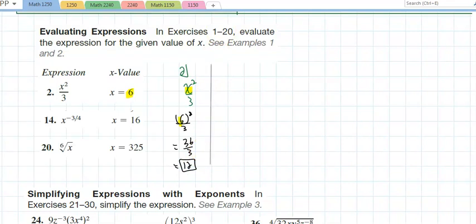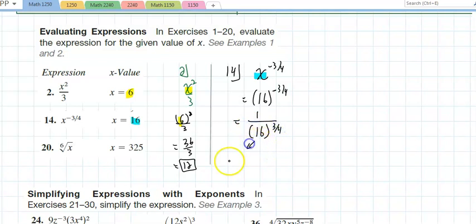And if I take the second, number 14, and I say x to the negative 3/4, and if x equals 16, I'm going to say this is 16 raised to the negative 3/4. Negative powers, we always move. You have 2 options.